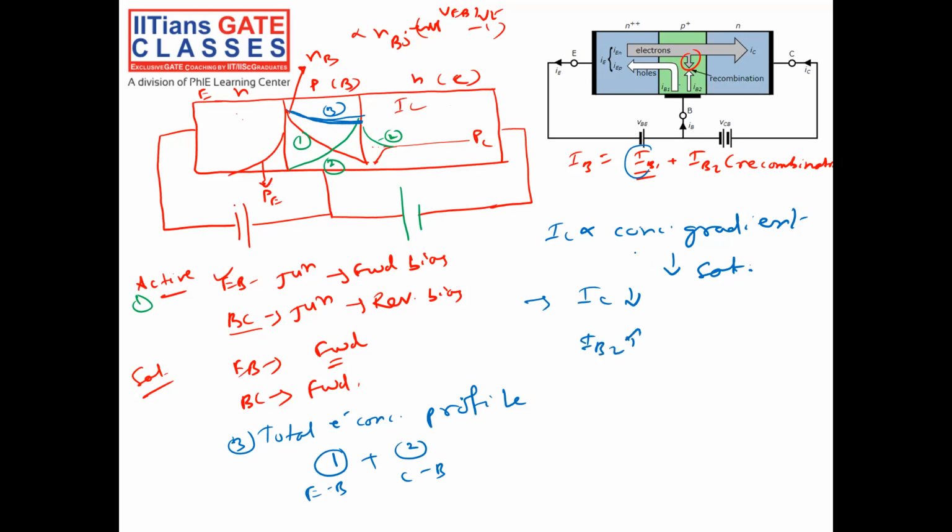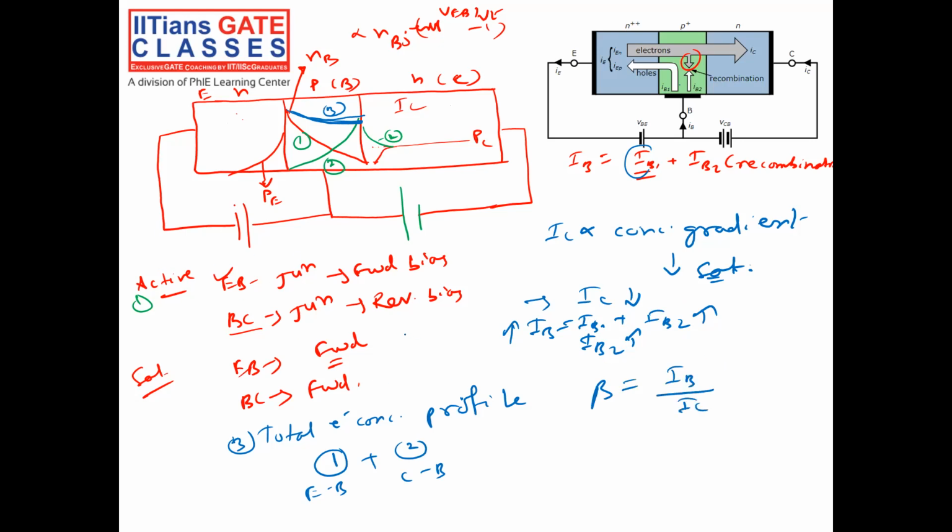So what is happening in saturation? My IC will decrease because the concentration gradient is decreasing. IB will increase because IB is IB1 plus IB2. Since IB2, the component due to recombination, is increasing because of a lot of carriers in the base, my IB will increase. So what happened? Beta will be IC divided by IB.